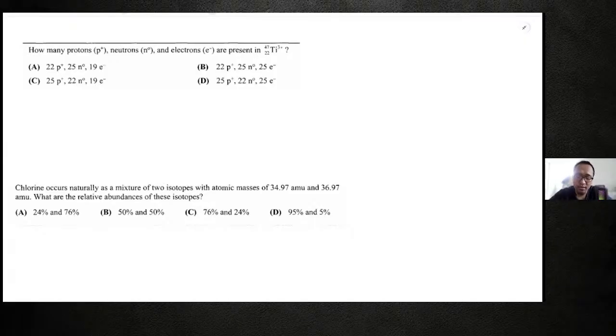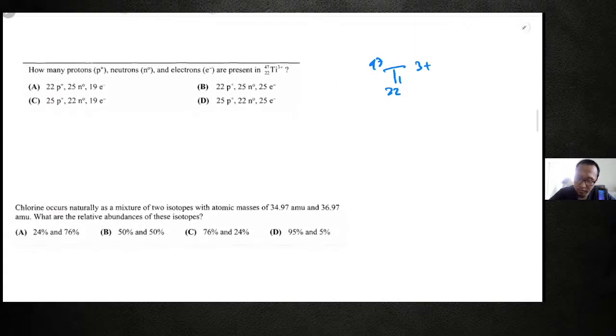Using the same concept like the previous one, I want to redraw it here: 22, 47, 3 plus. Like I mentioned, this one should be the proton, this one is mass, which represents neutron plus proton, and this one is the charge itself. So how to solve this problem?